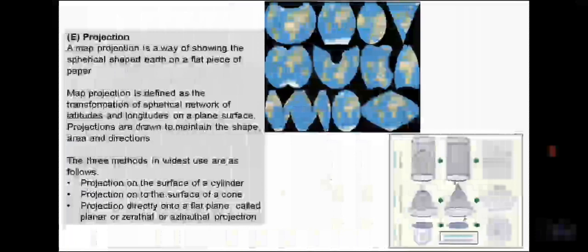Projection. A map projection is a way of showing the spherical shape of the earth on a flat piece of paper. Map projection is defined as the transformation of the spherical network of latitude and longitude on a plane paper. Projections are drawn to maintain the shape, area, and direction.